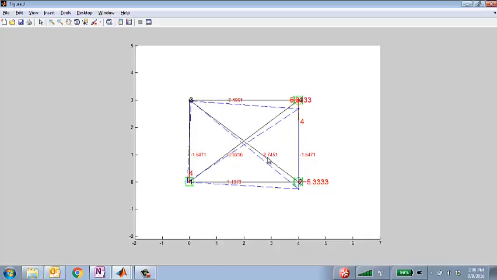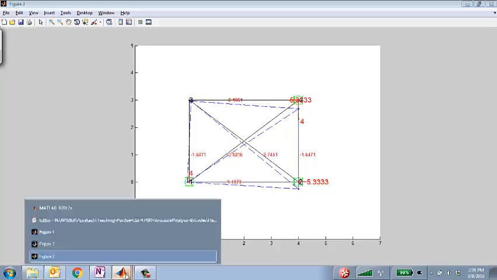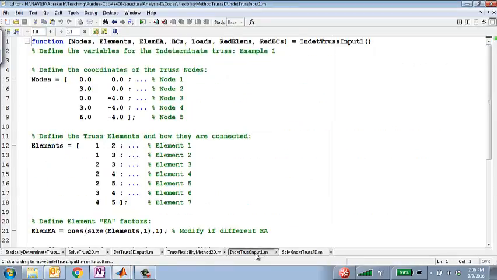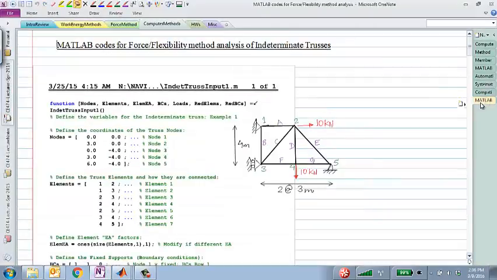Excuse me. So let me now talk a little bit about what those input files look like. They look very similar to what we had for the determinate truss. So I'm getting into this MATLAB program. So maybe this is a better place to do that. For this truss, there are 5 nodes, just X and Y locations.